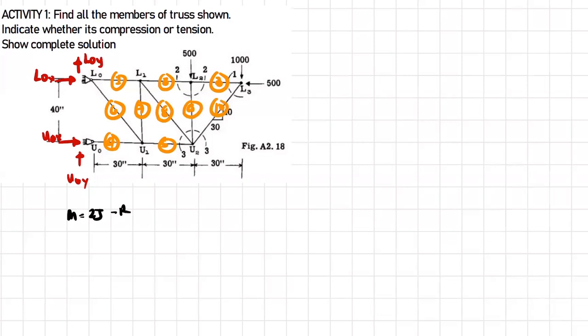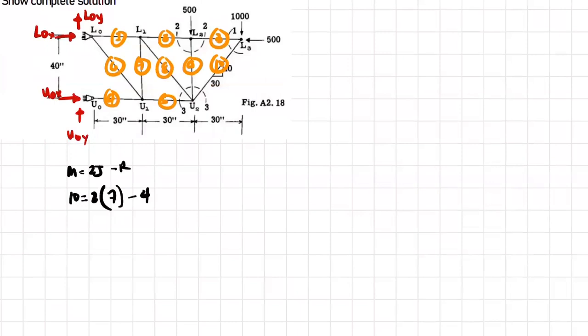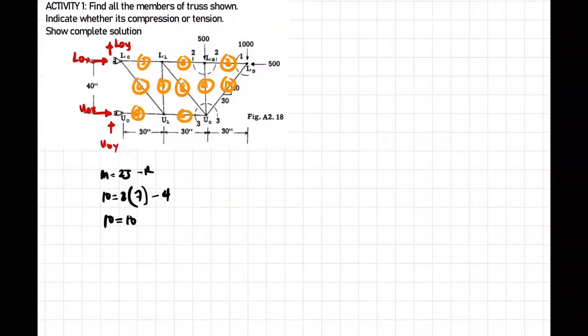So we have 10 members, equal to 2 times how many joints? 1, 2, 3, 4, 5, 6, 7. So 2 times 7 minus how many reactions? 4. So 10 is equal to 10. That is statically determinate.